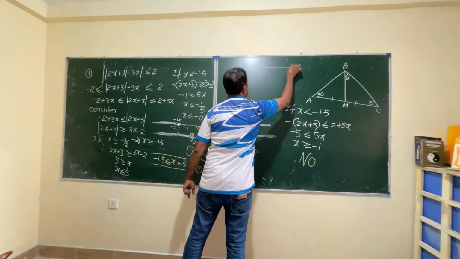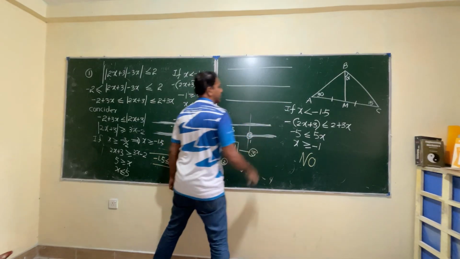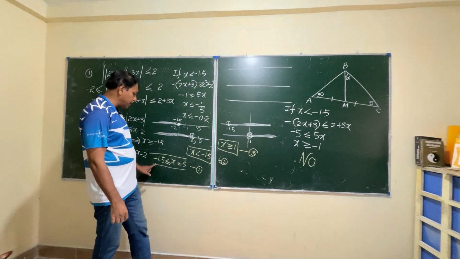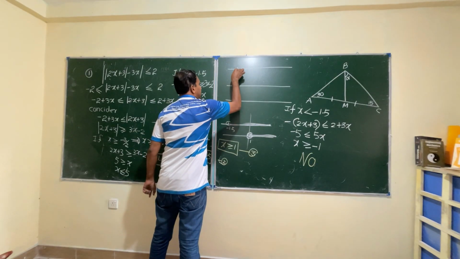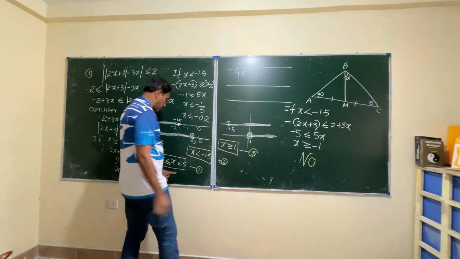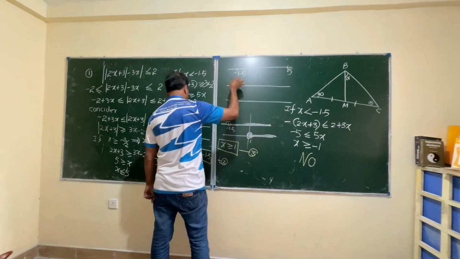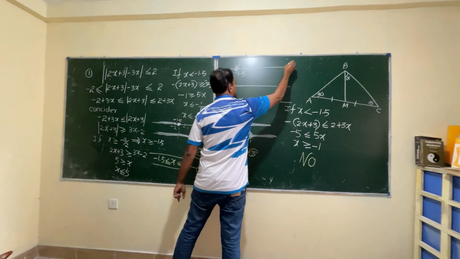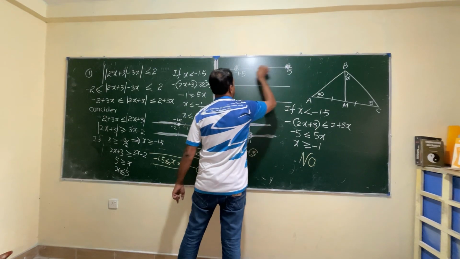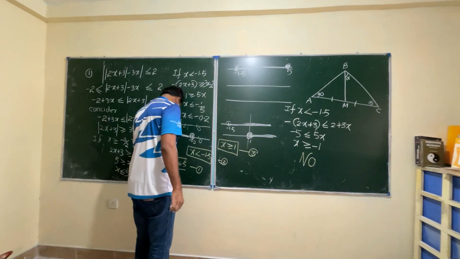Okay, I follow these three. See, I try to show a number line pattern, always my method. On the number line, mark minus 1.5 and 5. For the first solution, the equal sign is included. You know, for primary classes, number line representation, the equal values come in between.